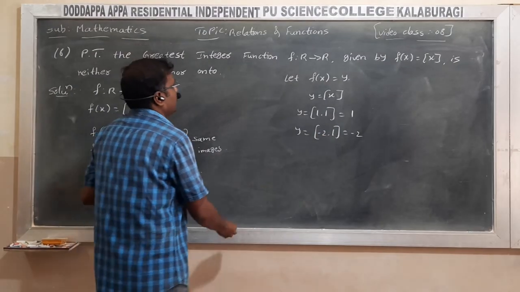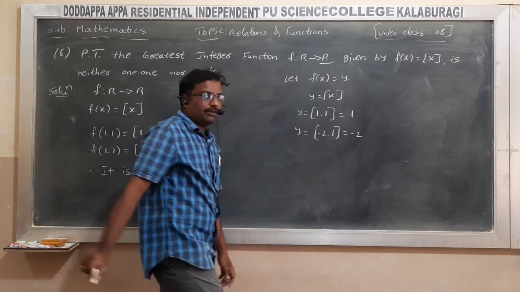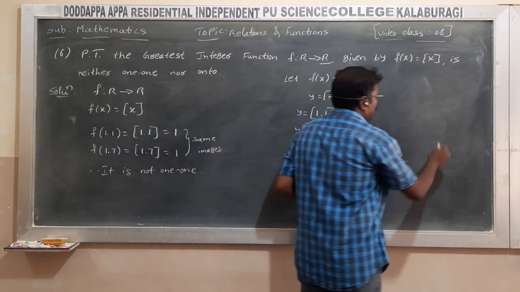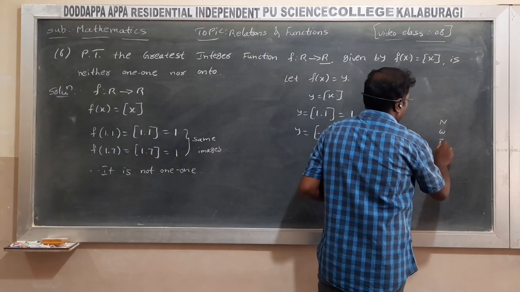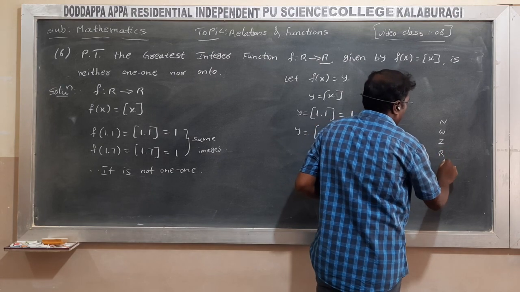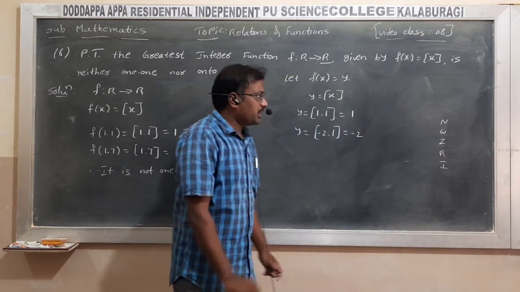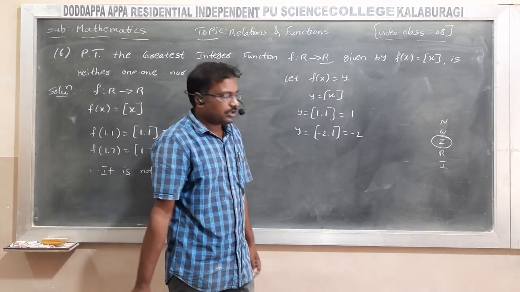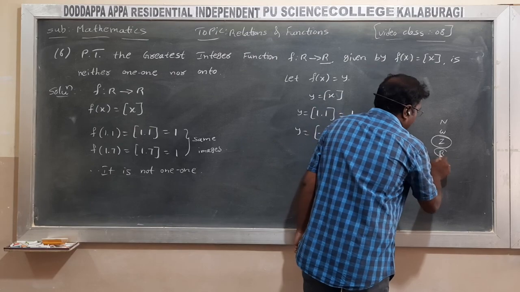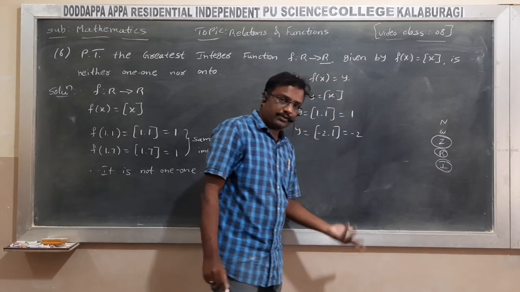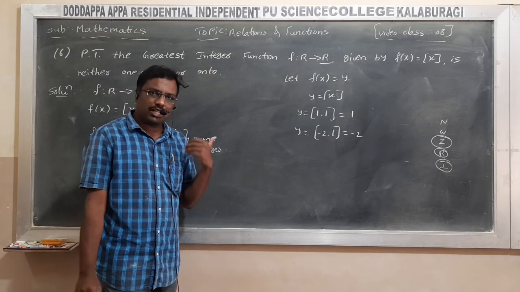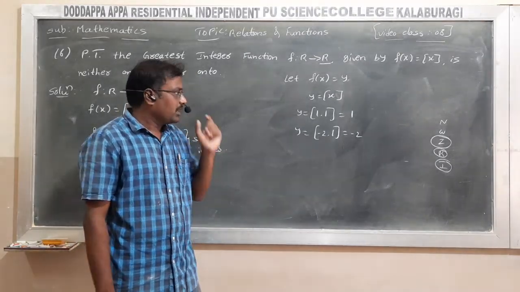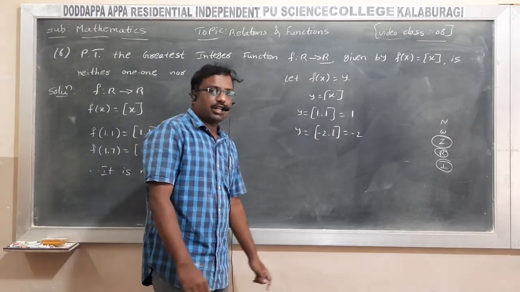But what is the given condition? R is given, the real numbers. In the real numbers we know natural numbers, whole numbers, integers, rational and irrational numbers are there. But when you get the answer, we get only integers, and the remaining numbers are left. So at least the rational and irrational numbers are left. By the definition of onto, no element should be left. But here rational and irrational numbers are left. So therefore it is not an onto function.